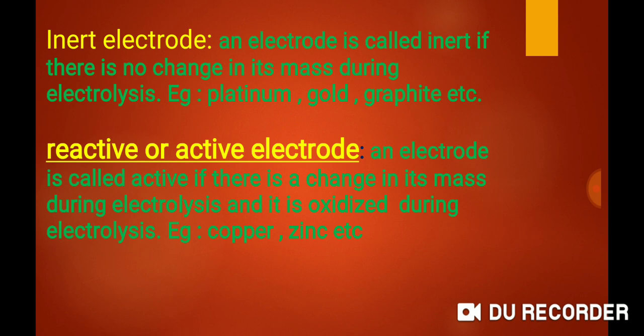Now, let us see the meaning of inert and reactive electrodes. An inert electrode is one which does not lose its mass during the electrolysis process.